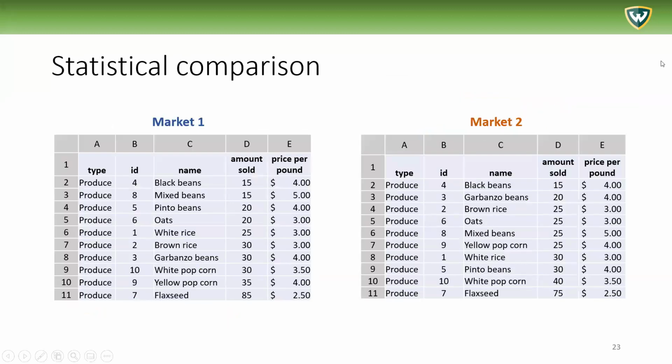Okay. And just to have some kind of exemplification of these measures, let's look at these two data sets here. One of the goods sold in market 1, and then the similar set of goods sold in market 2. So this is a farmer who sells in 2 different markets, and he's collecting data of all the amounts sold and then the price per pounds of all the different items.